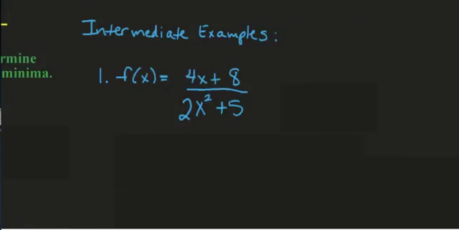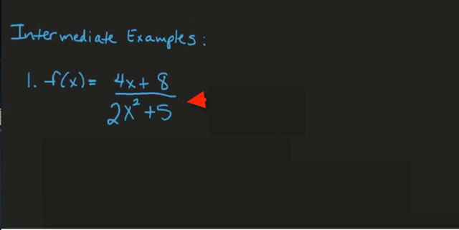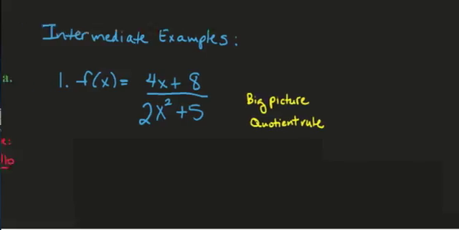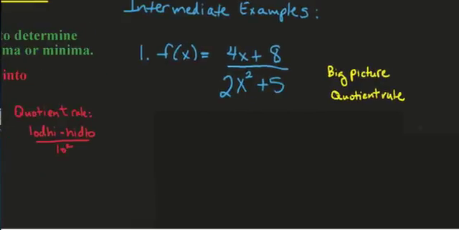Here we have a function, a rational function, and we're asked to determine extrema using the second derivative test. So the first thing you should recognize is that we have a quotient here. So in order to do the derivative, you have to recognize that it's a quotient rule. Hopefully you remember your quotient rule, however you want to remember it.